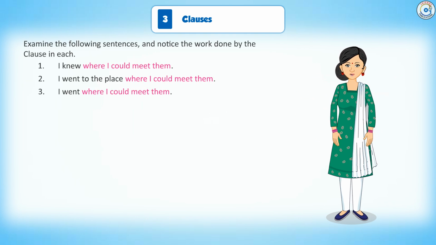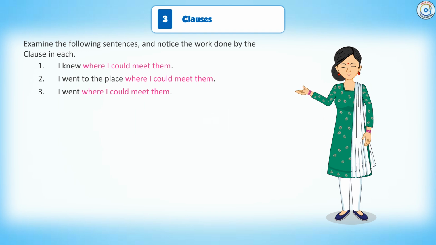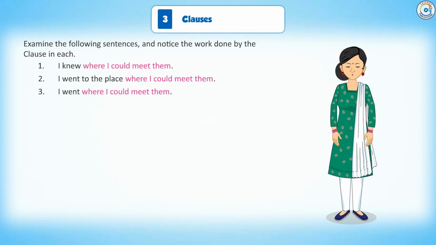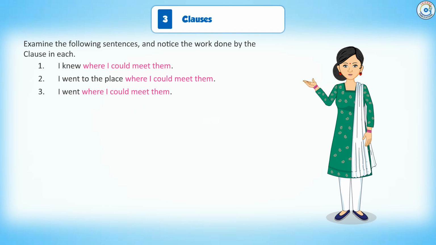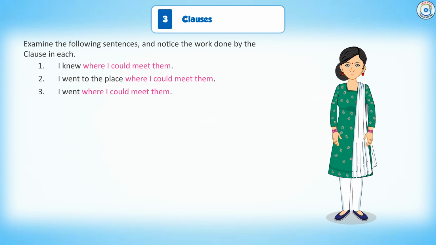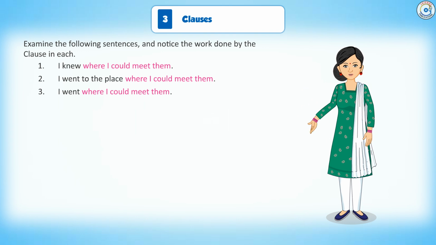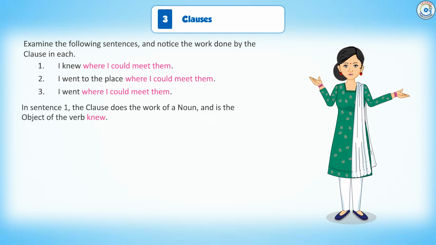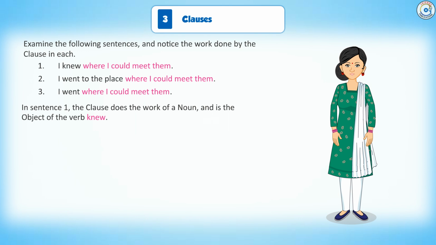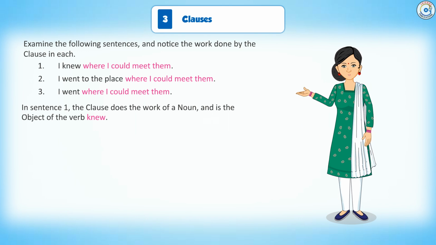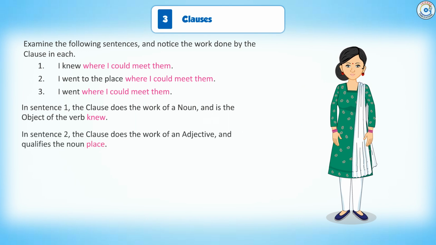Examine the following sentences and notice the work done by the clause in each. I knew where I could meet them. I went to the place where I could meet them. I went where I could meet them. In sentence 1, the clause does the work of a noun and is the object of the verb knew.